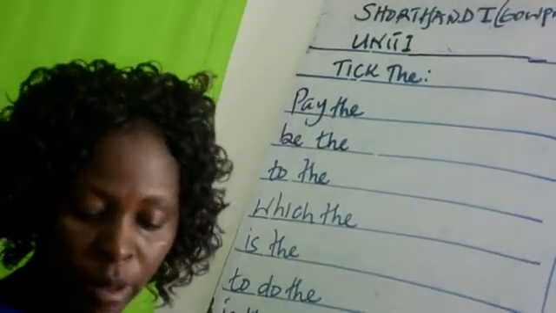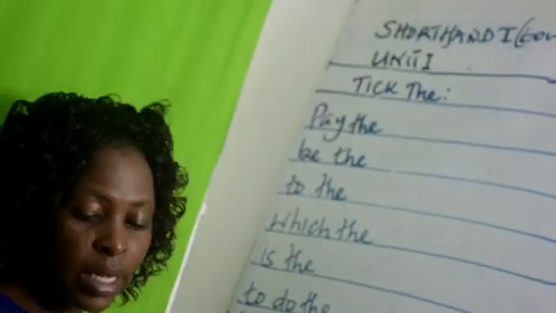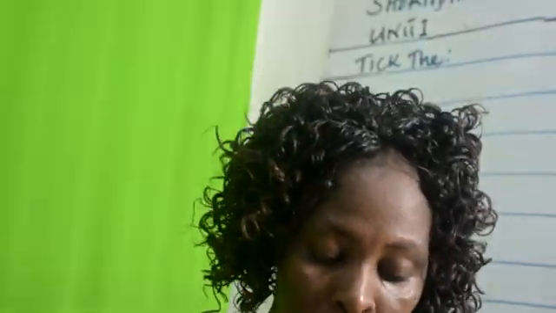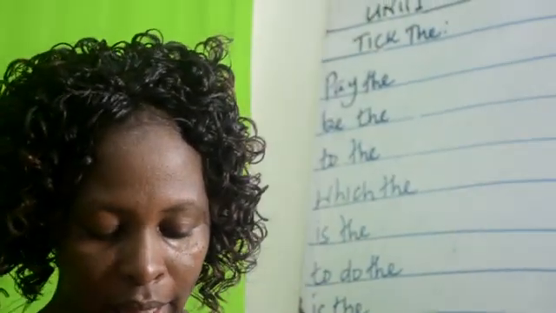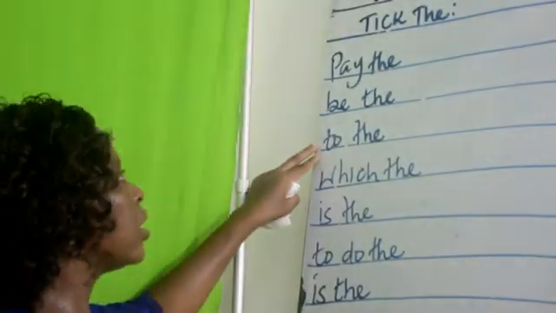If a word ends with 'the', that is what we are calling tikida. In shorthand, we pronounce it as tikida. This is a small, light, slanting tick at the end of a word, and it represents 'the'. That is tikida. Then we have examples of words which are drilled using tikida.